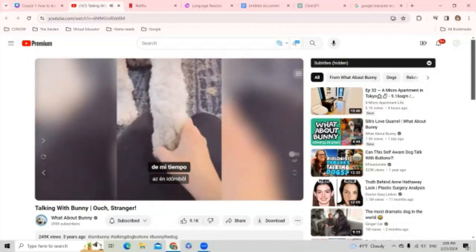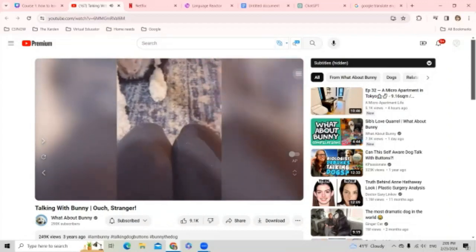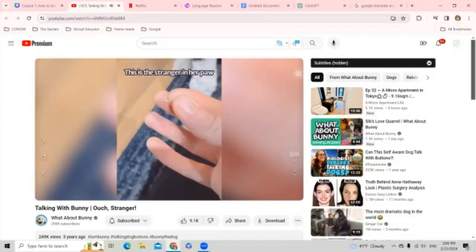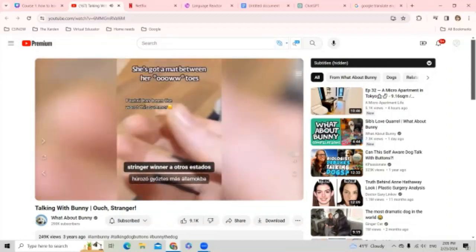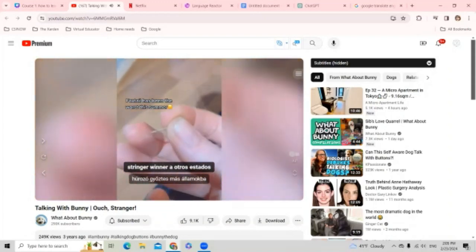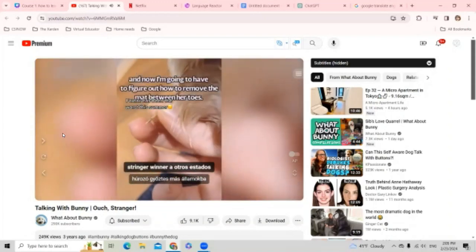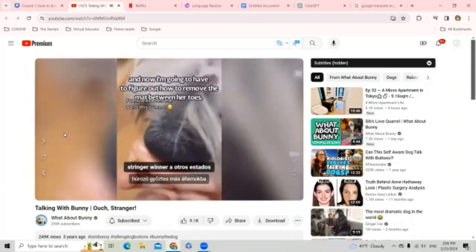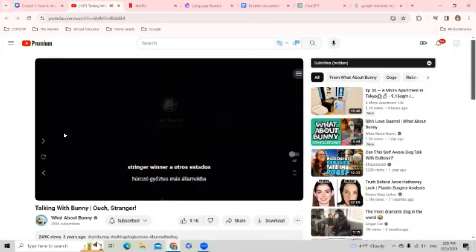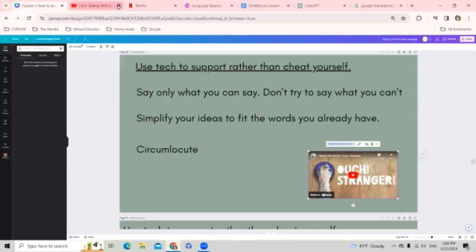See that? Bunny was able to communicate even though she doesn't know the right word. Okay, I'm gonna put this down and check. This was the stranger in her paw. She's got a mat between her toes, and that's stuck in it. Now I'm gonna have to figure out how to remove the mat between her toes. So Bunny doesn't know how to say the word thorn, but she knows how to say stranger.